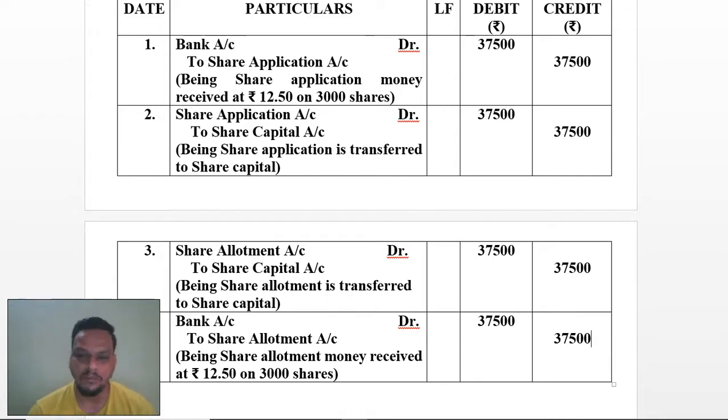This much entry is enough to understand, as the basic four entries have to be written. If anything happens in calls in arrears or advance, you have to change here. But here there has not been any error till allotment.